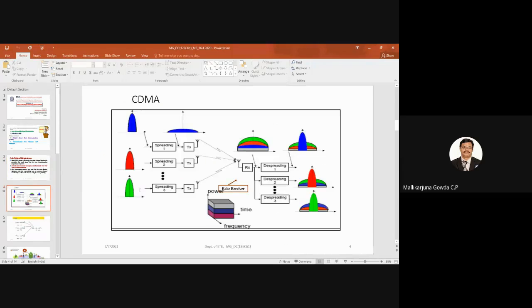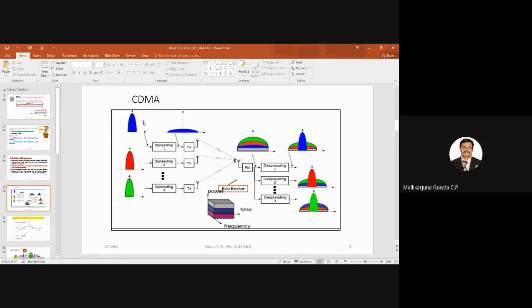This is the block diagram illustration of CDMA. I hope you understand here: 3 different users are there, and each user's information is represented by a different color. One is blue, then red, then green, to say that there are 3 different users.